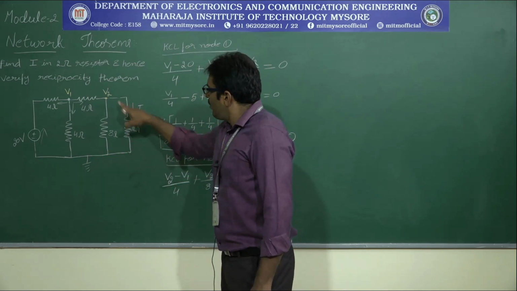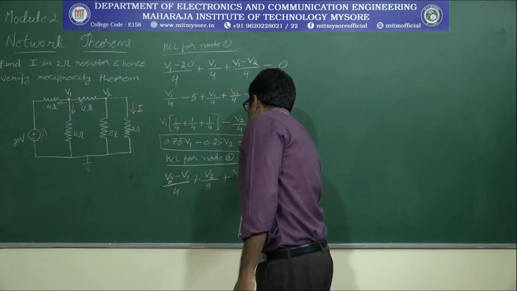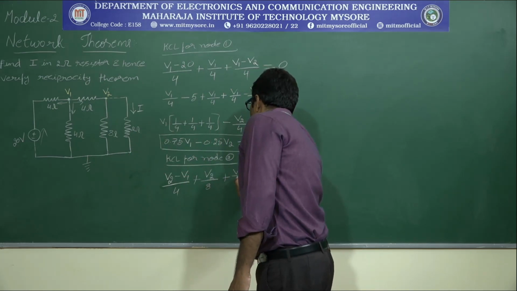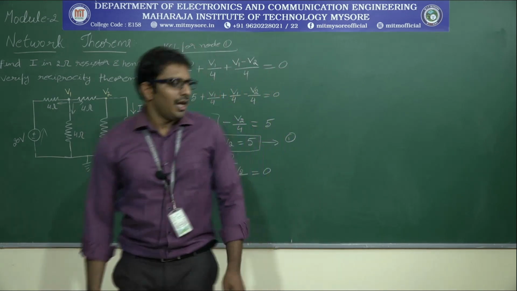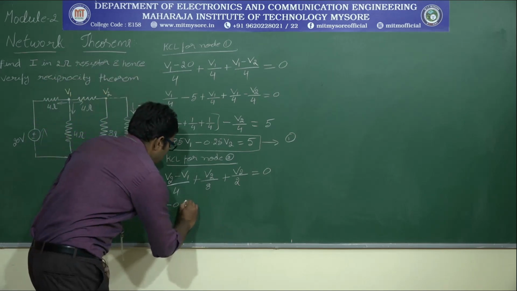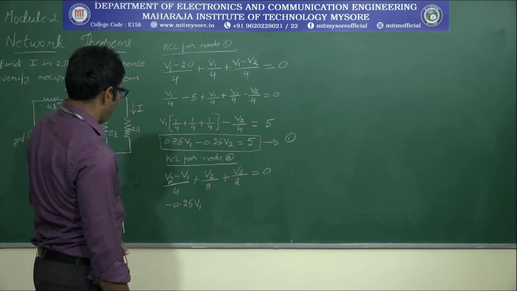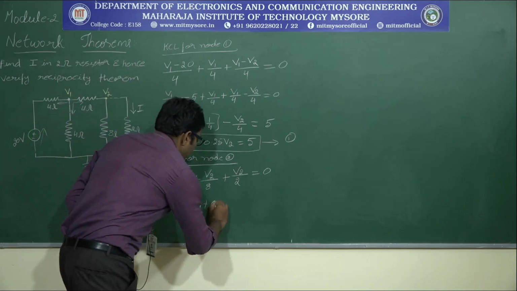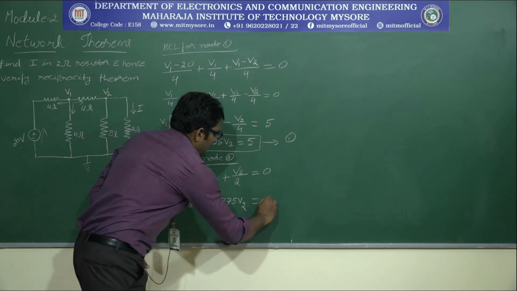So, V2 minus 0 divided by 2, that is equal to 0. Again simplify this, you will get minus 0.25 V1 plus 0.875 V2, that is equal to 0.